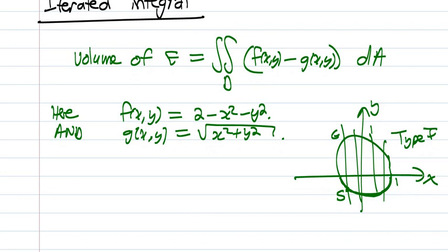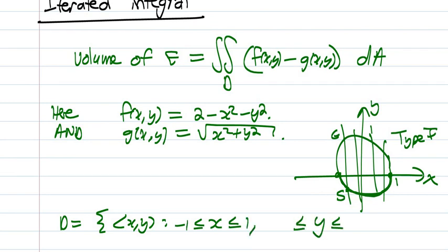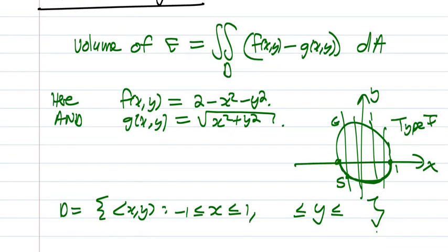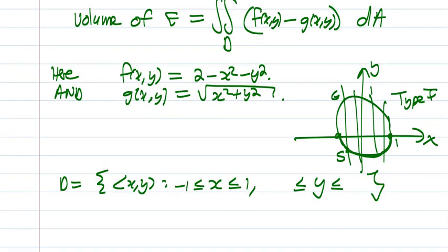All right? And so if we do our slices, we can see that it's all the 2D vectors where x is between minus 1 and 1, and y starts somewhere and it ends somewhere. Well, let's quickly work this out. Y starts at the bottom curve and y ends at the top curve. Can we work this out?